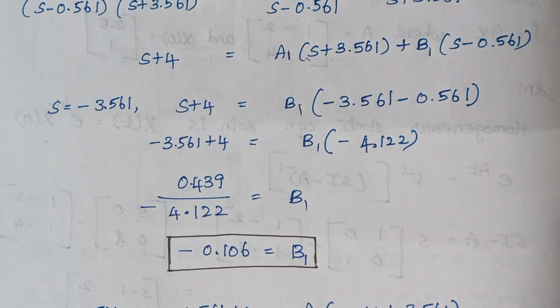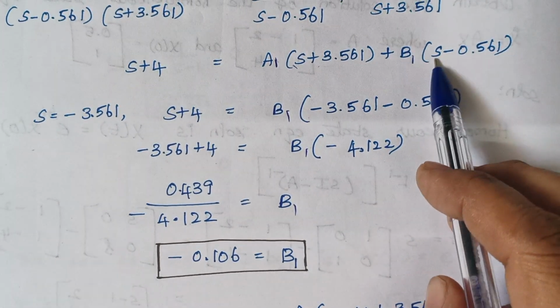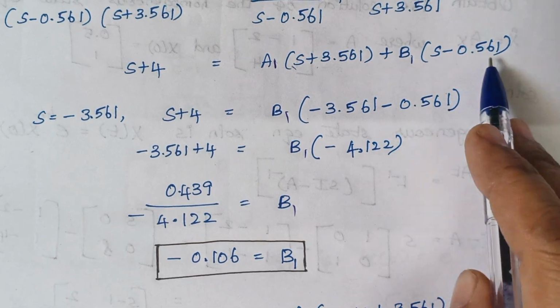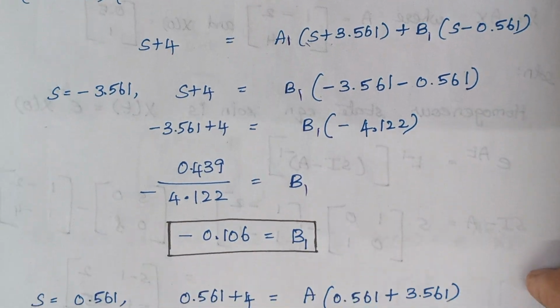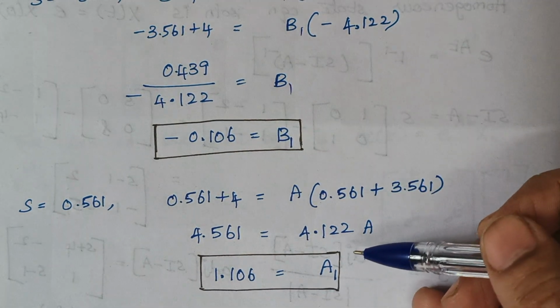And again to calculate the value of A1, we have to substitute the value of S as 0.561. So that 0.561 minus 0.561 becomes 0, right? Likewise, just substitute the values and calculate the values of A1 and B1.